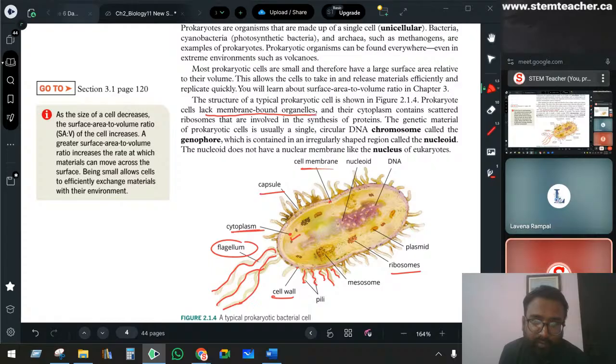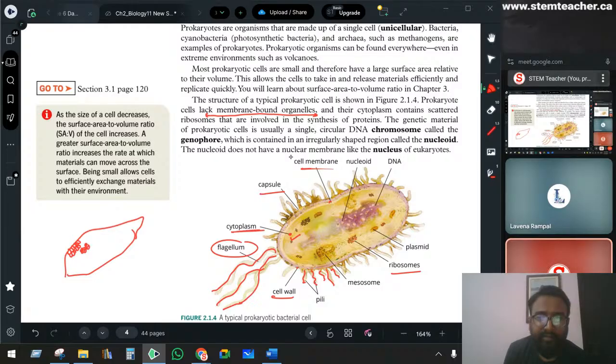Membrane-bound organelles means, see, if you consider a leaf, for example, everything is bound with the cell membrane. Every small cell is bonded with the cell membrane.